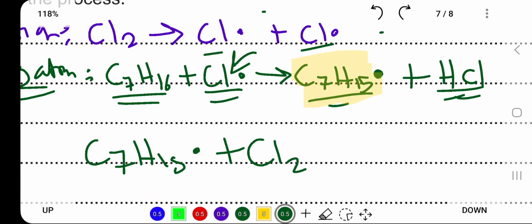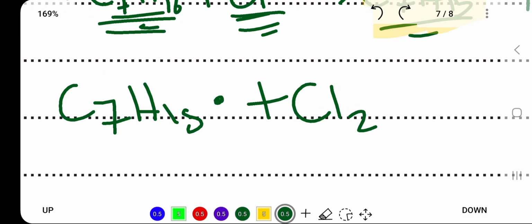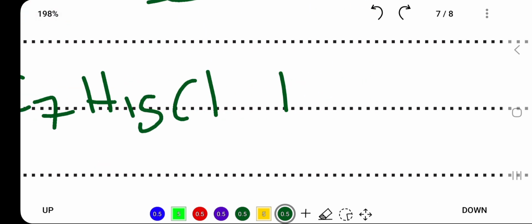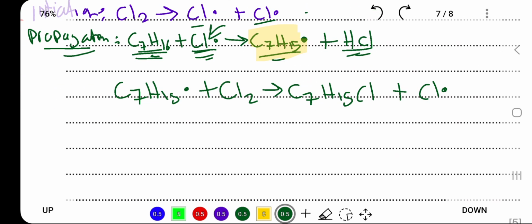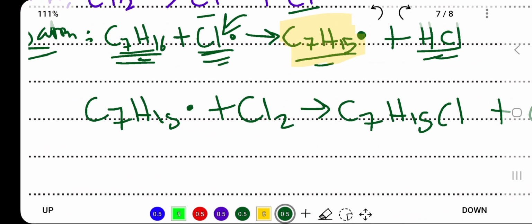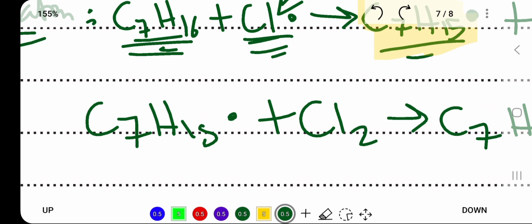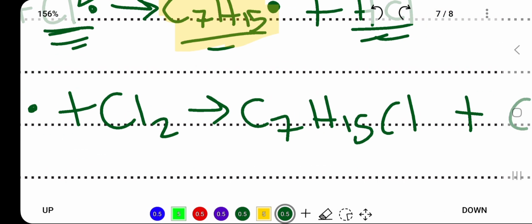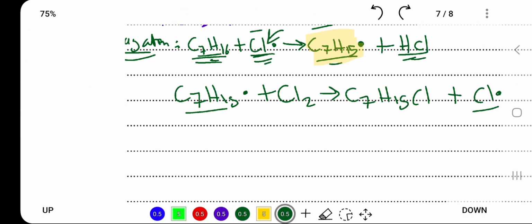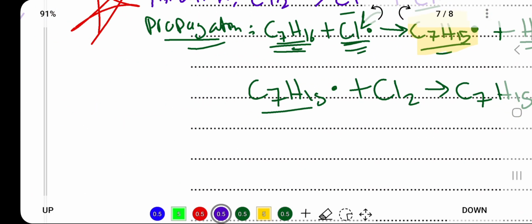As I said, it's always radical one, normal one, to give you radical one, normal one. Again, the reactant part will be a radical one with a normal one, which is the Cl2 in this case, to give you C7H15Cl plus a radical one, as I told you. Never the two at the same time. So how it happened here, basically a Cl will react with this entire radical to give you C7H15Cl, and then the remaining will be a Cl radical. Now this is basically the propagation part.